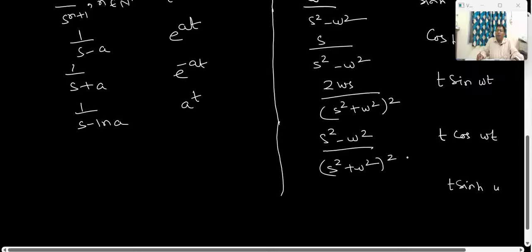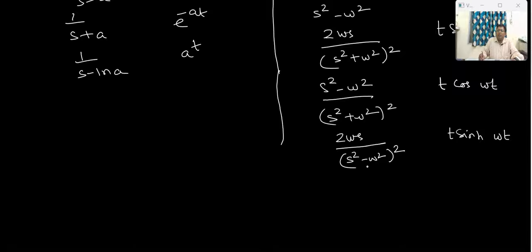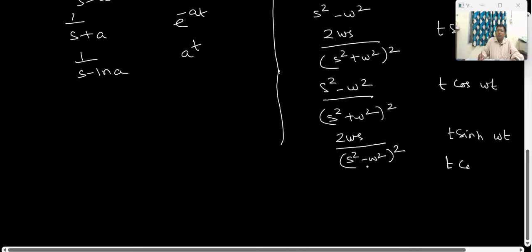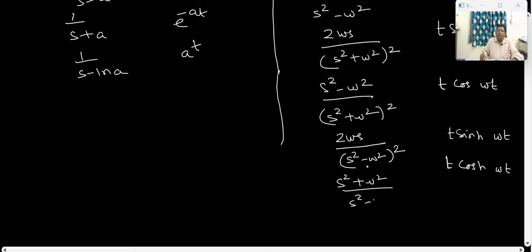Accordingly, if it is t sine hyperbolic omega t, it will be 2 omega s by s square minus omega square whole square. Similarly, t cos hyperbolic omega t will be s square plus omega square by s square minus omega square whole square.